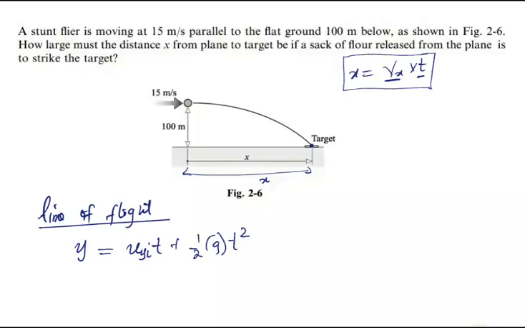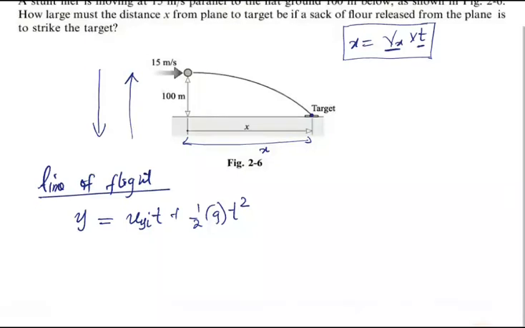If you take an upward motion, just know that this distance will be negative. Even the value of gravity here will be negative. But if you take this as a downward motion, the value here will be positive and there it will be positive. Whatever you take, it's up to you.